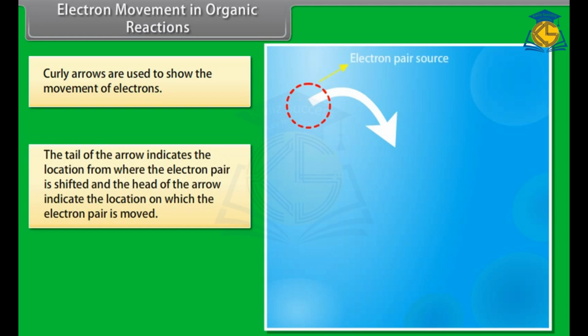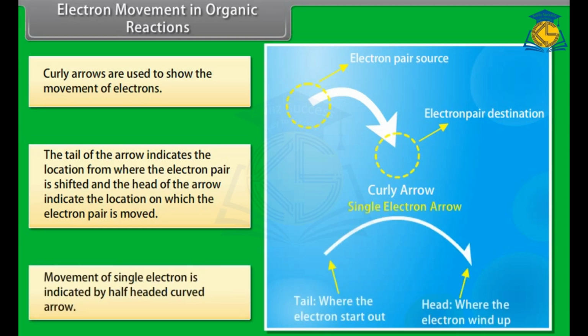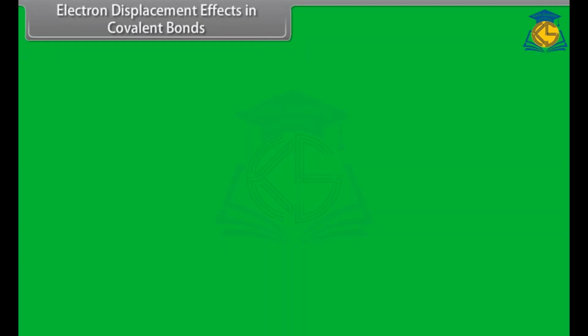The tail of the arrow indicates the location from where the electron pair is shifted, and the head of the arrow indicates the location on which the electron pair is moved. Movement of single electron is indicated by half-headed curved arrow. Electron displacement effects in covalent bonds.